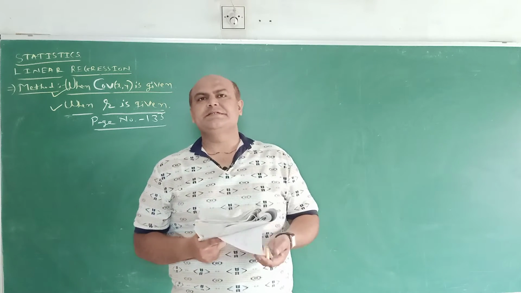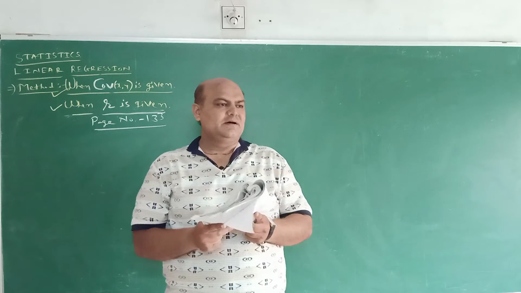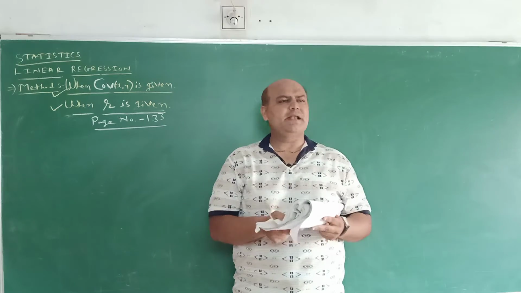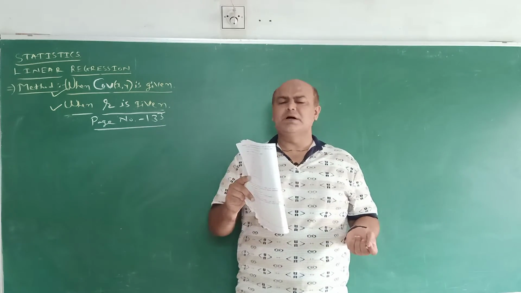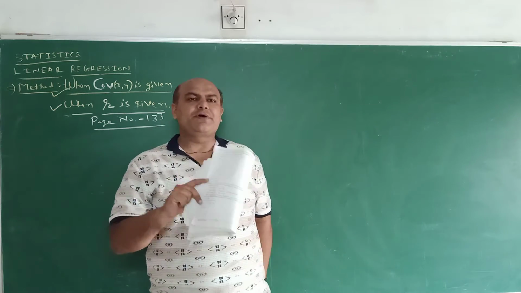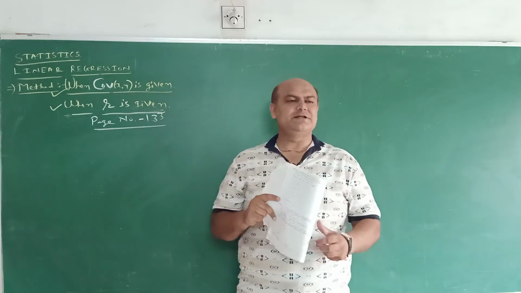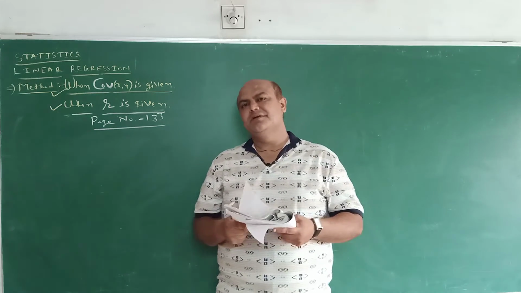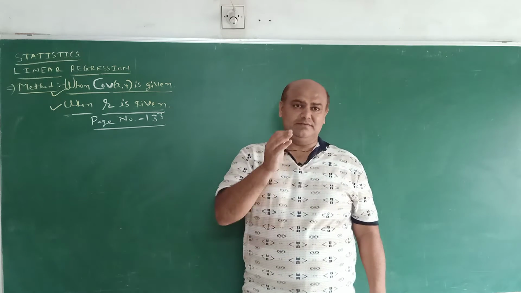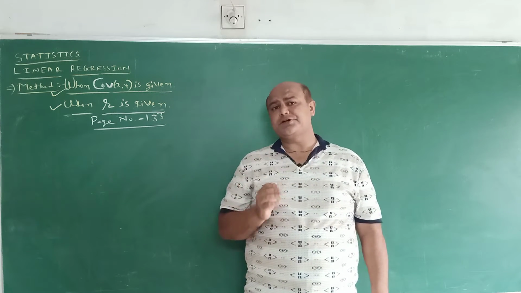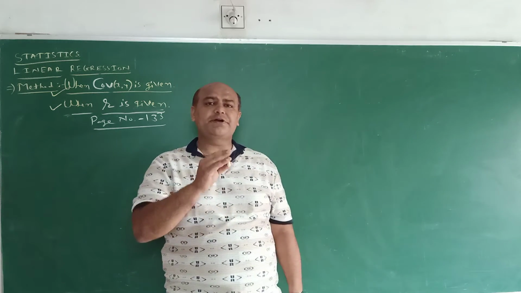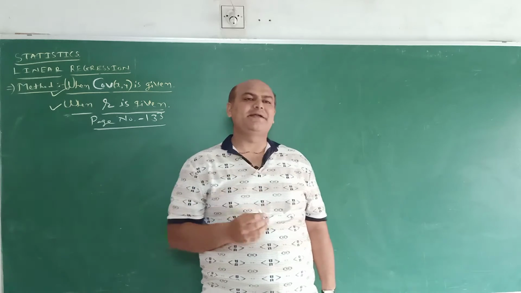My dear friends, here we take all the big types of sums: when x minus x bar is provided, x bar and y bar are integers, the x minus x bar method; the digits of x and y are small, less than 30, the xy method; then we take the shortcut method, the UV method in which only subtraction is there, and the UV method in which subtraction and division are both there.